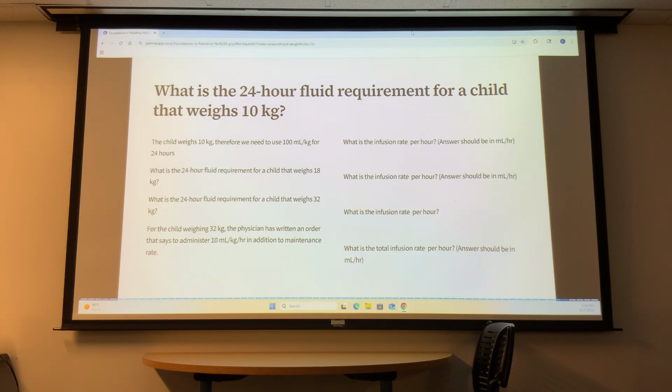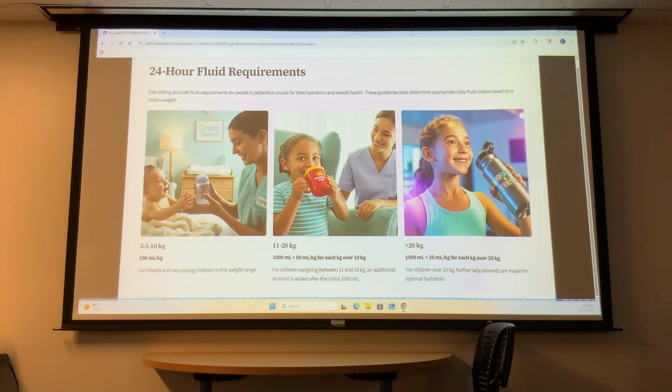Okay. Can you show me again how you got the 10 from the first one and the 10 from the second one? Yes. So you can look at this one here. Our kid weighs greater than 20 kilos because they weigh 32 kilos, so we know that automatically 1,500 is what they're gonna get. So they're gonna get 1,000 from here and 500 from here, okay?